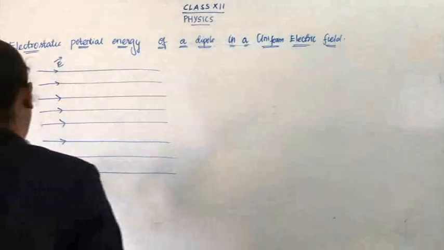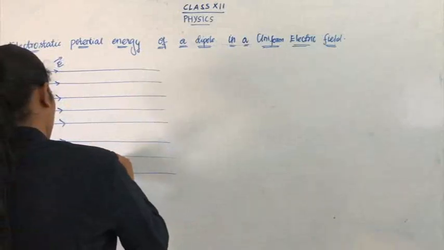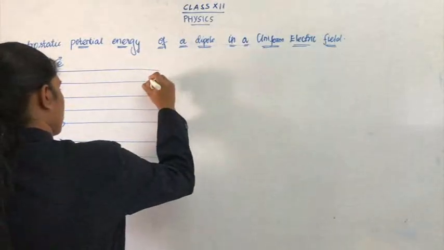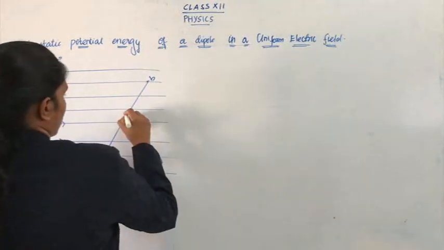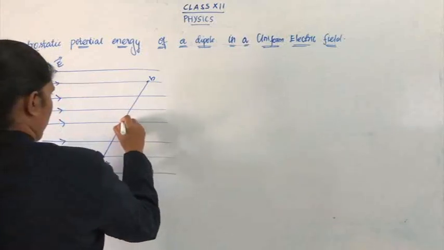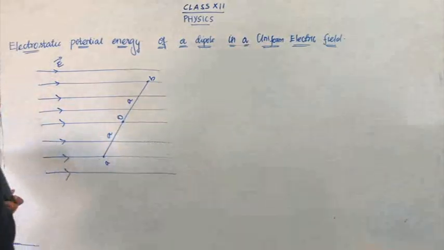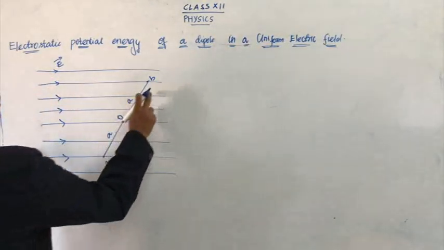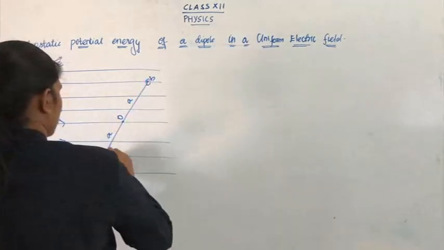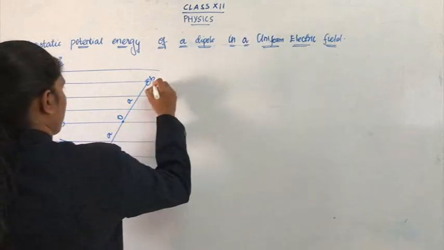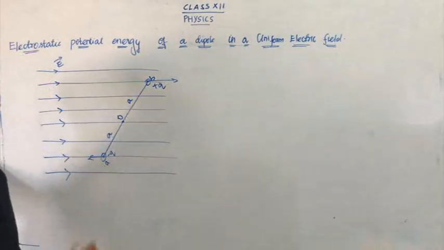Now take the electric dipole, point A and point B. The center you mark as the midpoint, that is O. The distance between the two charges is 2a, and the midpoint is O. Two charges we are taking: here minus Q, here plus Q. The force is exerted in this direction, and here in this direction.